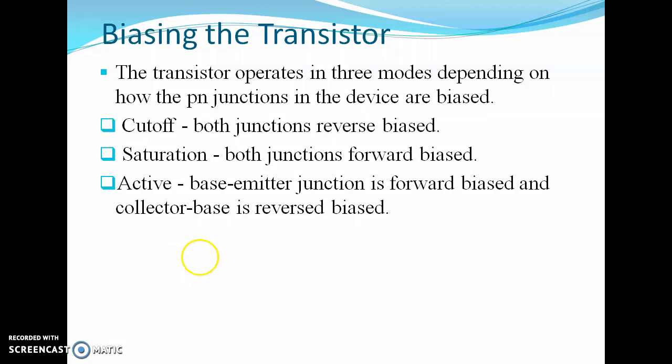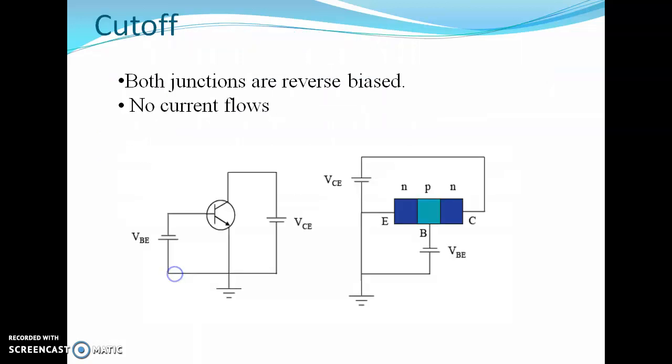Now let us see cutoff biasing. Let's see the circuit here. You can see an NPN transistor, and these are the three terminals: emitter, base, collector. And you can see here this is one DC source and this is another DC source, and this is ground. So how is the DC source connected?